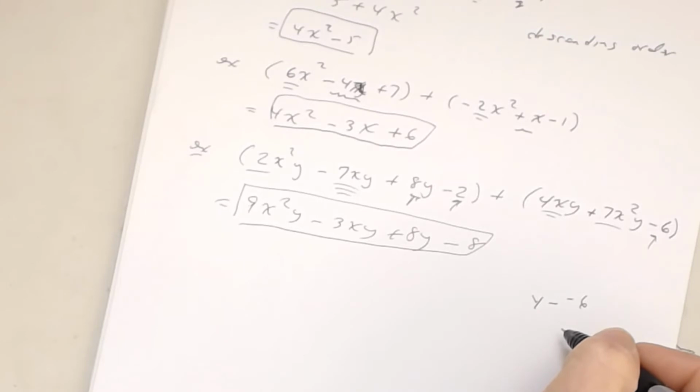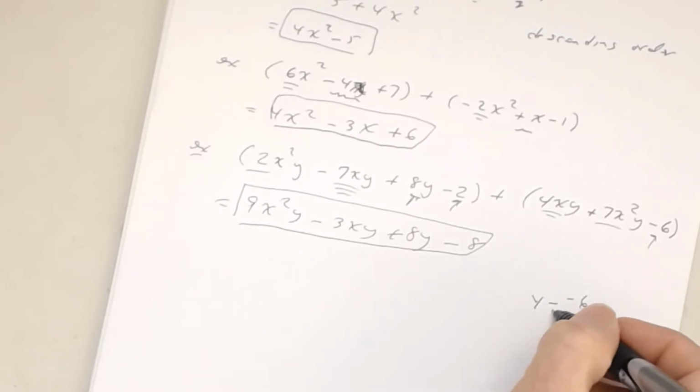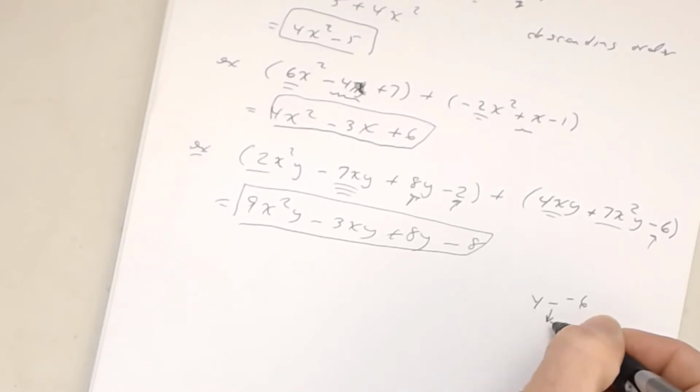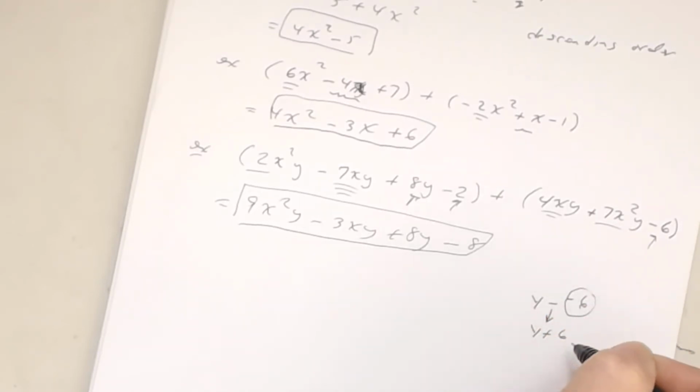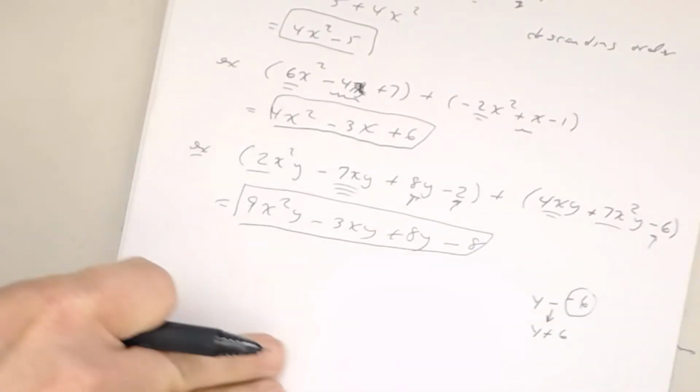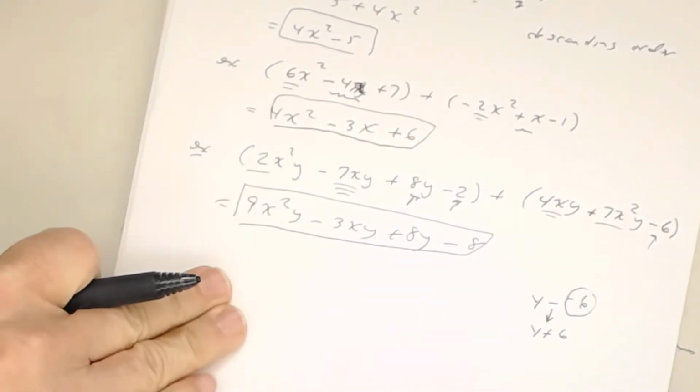Y plus 6. Because you always want to change the subtraction. What kind of operation? Addition. So it's always add the opposite. So it becomes y plus, and what's the opposite of a negative 6? Positive 6. So you can use that idea with what we're about to do.